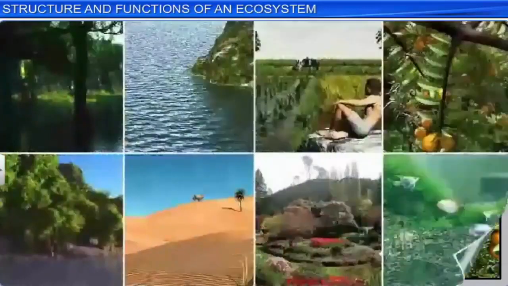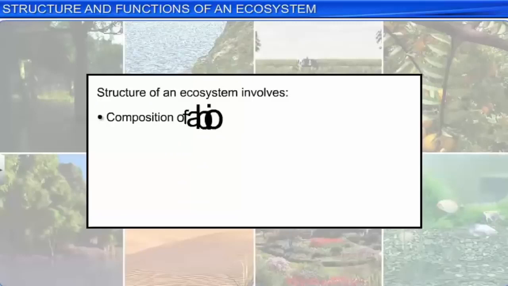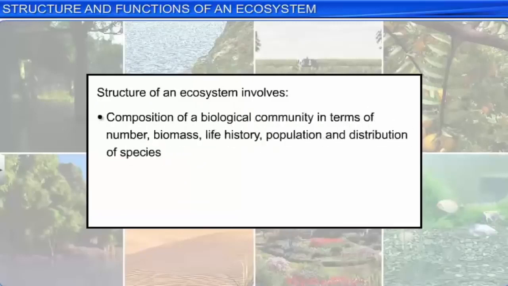The structure of different ecosystems also varies greatly and involves the composition of a biological community in terms of number, biomass, life history, population, and distribution of species.